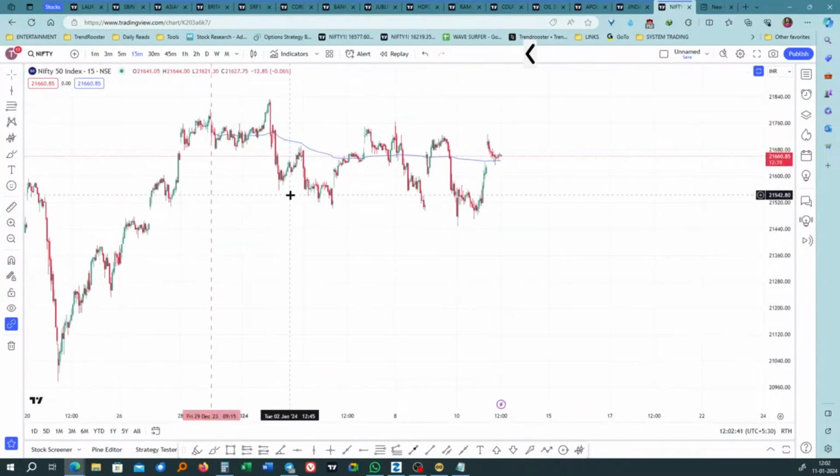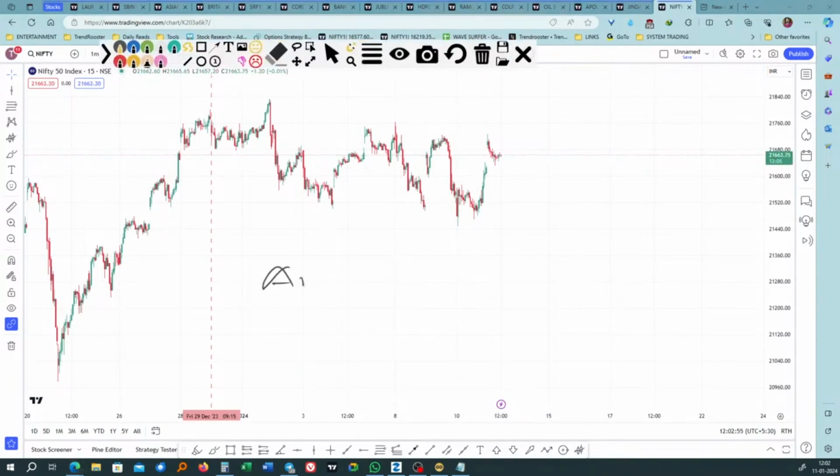The only thing is, people don't know where to place the anchored VWAP, right? Using this anchored VWAP, there are multiple techniques. For anchored VWAP, we used the contract beginning.